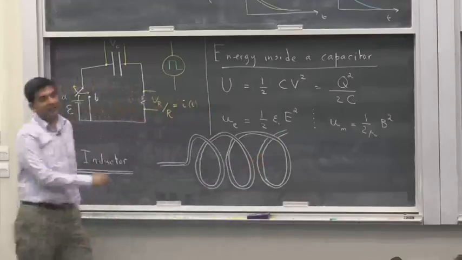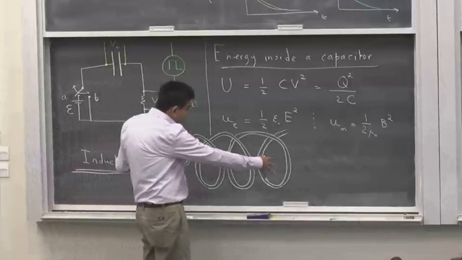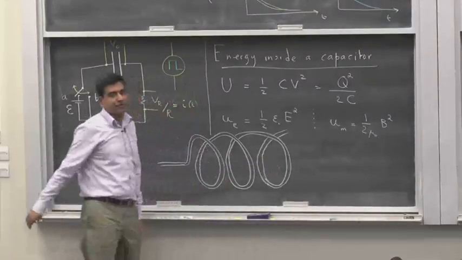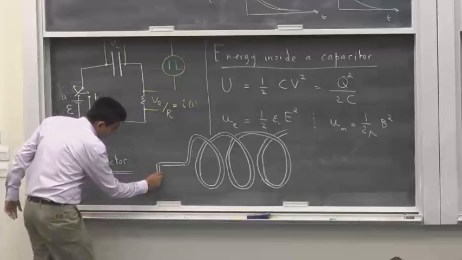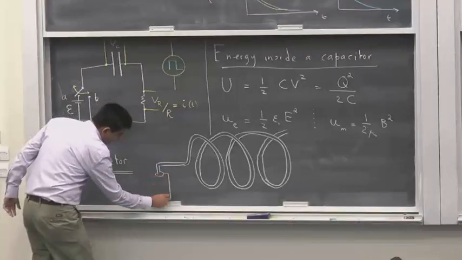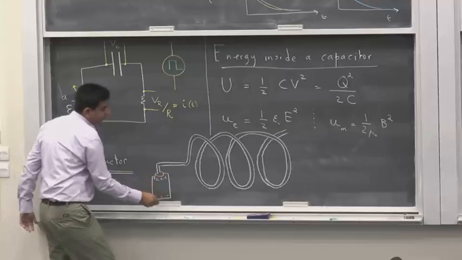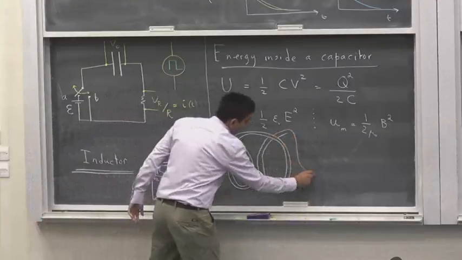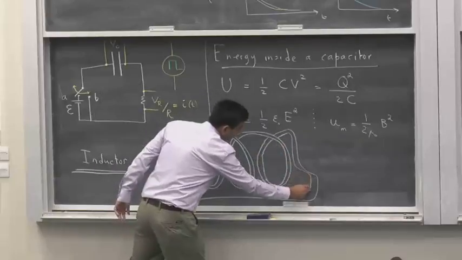I'm just drawing 3 turns of this wire in the interest of time, but these coils are actually tightly wound together. So now I have a battery that makes a connection with this coil of wire, which is really a solenoid. And I would like to make this act like an inductor.